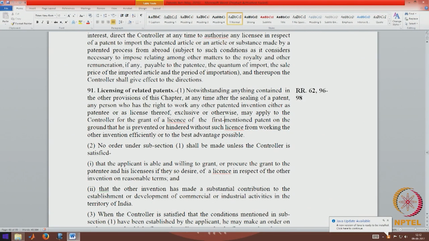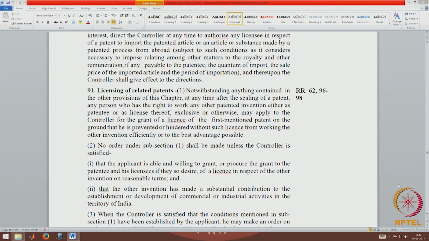So the ground, rather the only ground on which you can seek a license is that you cannot work your invention effectively because of another patent, and the patentee of the other patent is not granting you a license, and these 2 technologies or the inventions covered in these 2 patents are related to each other.